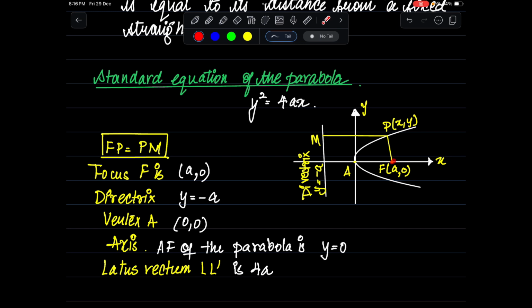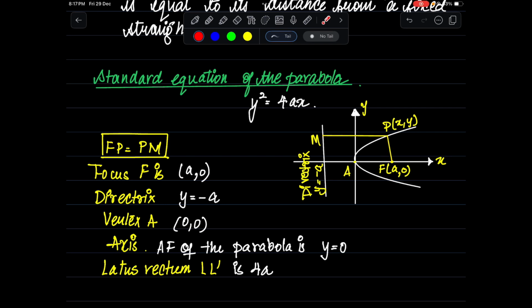And the focus, as we know, is the fixed point, and the directrix is our fixed straight line. Now as you can see, I have joined this with any point on the parabola, considering it to be P (x, y), and then I have joined that point to the focus, that is F. So this line and this line have to be equal in any parabola you take.